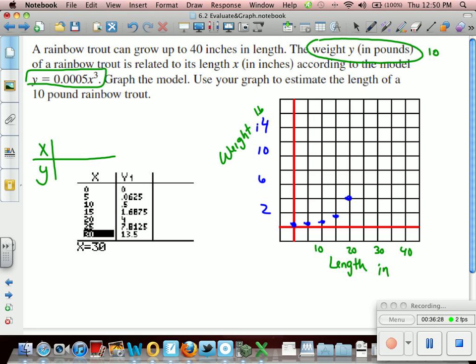So I get to go up a little higher. At 25, I'm at 7.8. So close to the 8 marker. And then at 30, I'm all the way up to 13.5. So that's 12. 13.5 is almost to the 14. And that's kind of the general gist of my line.